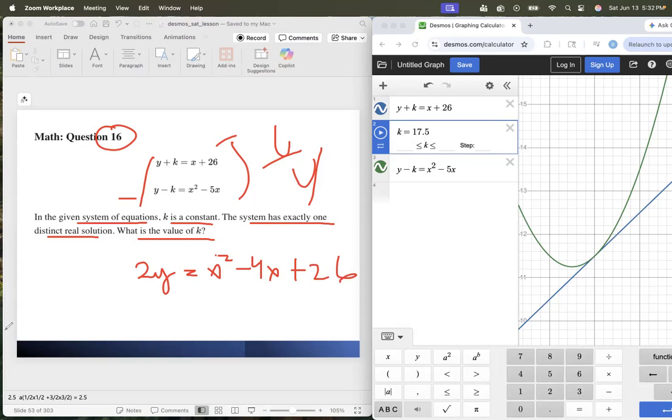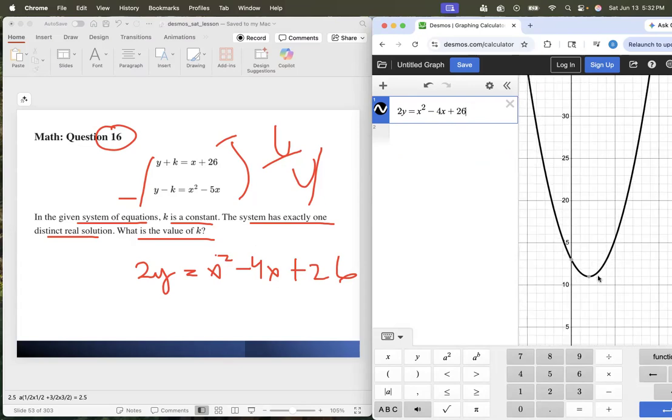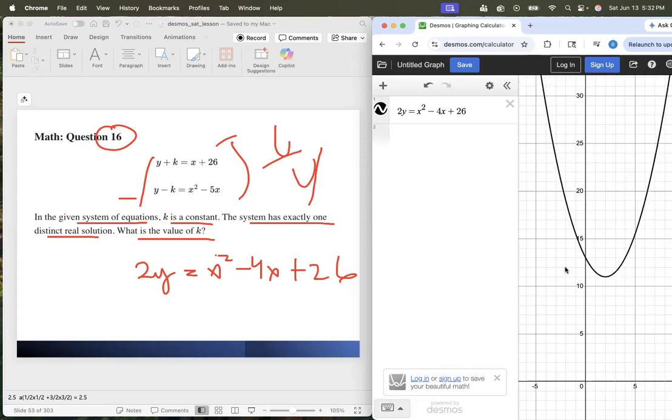I'm not going to do anything, just put the function in. You see what it's going to do. Just equate, plot it. I get 2y is equal to x squared minus 4x plus 26. So you plot this quadratic equation right there.